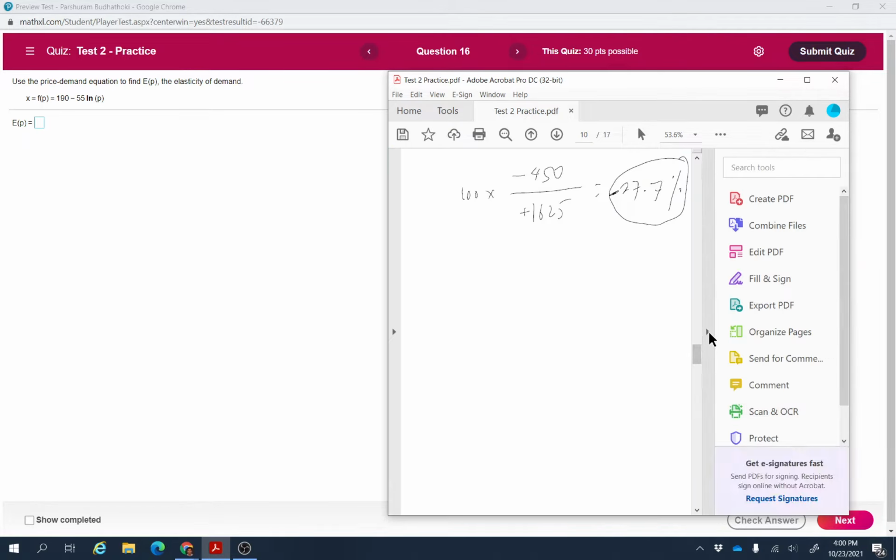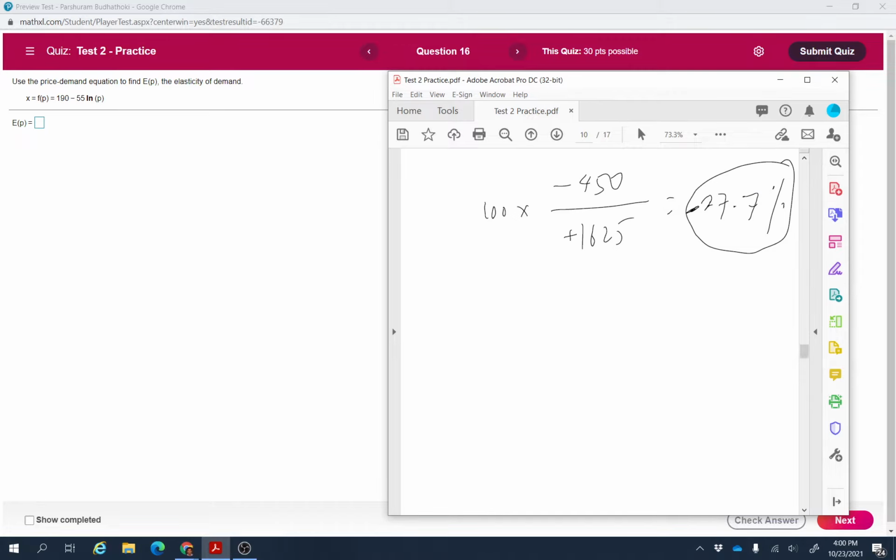So elasticity of demand, this is problem 16. EP, that is also called elasticity of demand, can be found by using this formula: negative price times the rate of change of this demand function f of p divided by the value of that demand function at that price. So this is what we need to find elasticity of demand means.